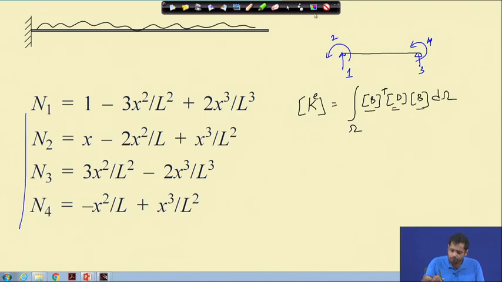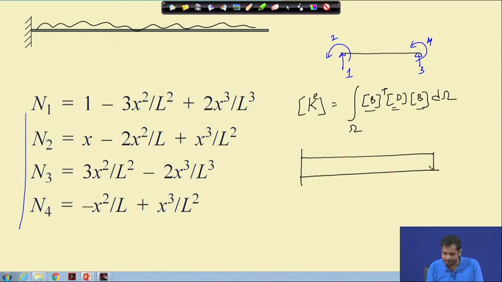Now, before that, there are two kinds of load that an object can have. One is the body force. One example of body force is gravity. So, suppose you have a beam like this, and the self weight of the beam is essentially the body force. Suppose that is represented by xb.